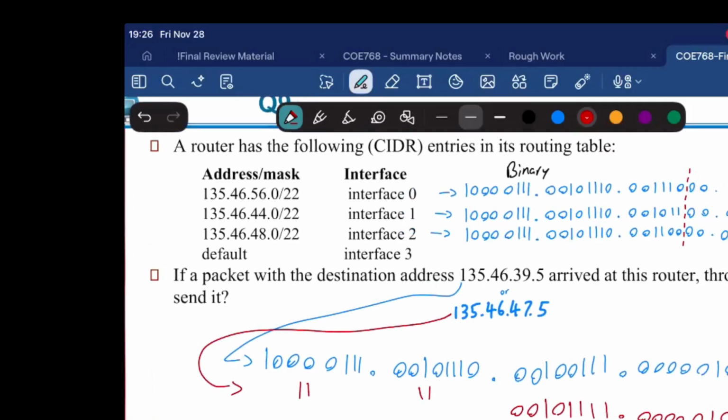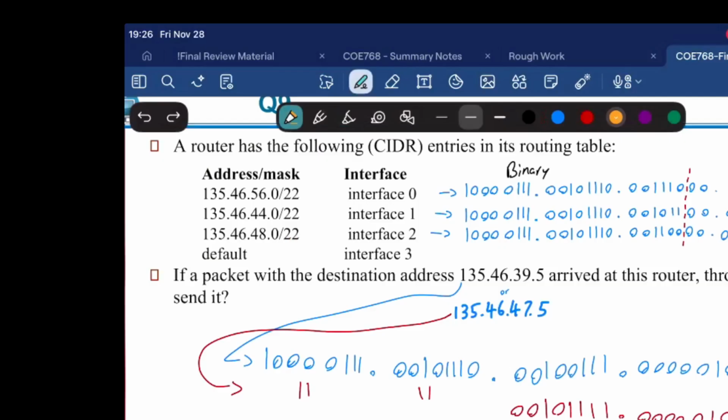So from here, we have to, once again, as we did on the previous question, determine which of the following ports, or the bits, are aligned with any of the ones that were provided within the address mask section.